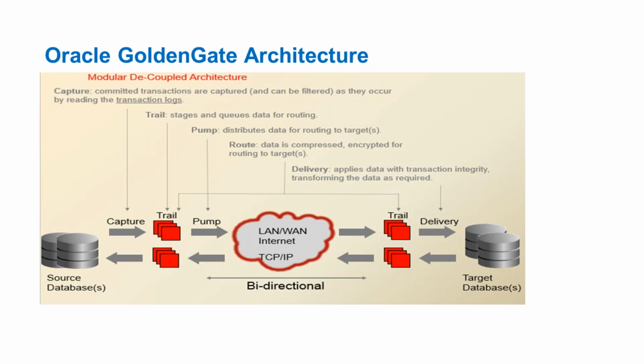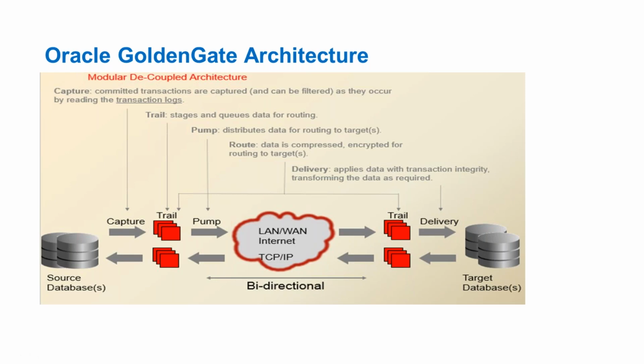Each process here has a source to read from and a target to write to. The capture process source is the source database and the target is the local trail. The pump process source is the local trail and the target is the remote trail. The delivery process source is the remote trail and the target is the target database.